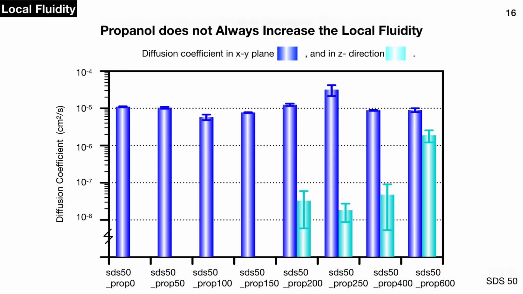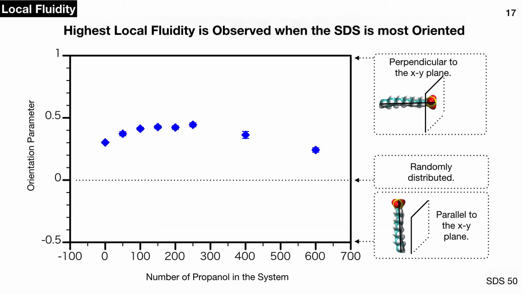As shown here, increasing the propanol concentration does not always increase the local fluidity, and the maximum local fluidity is observed in this system. And interestingly, we found that the maximum orientation parameter is also observed at this condition, which means the highest local fluidity is observed when the SDS is more oriented.